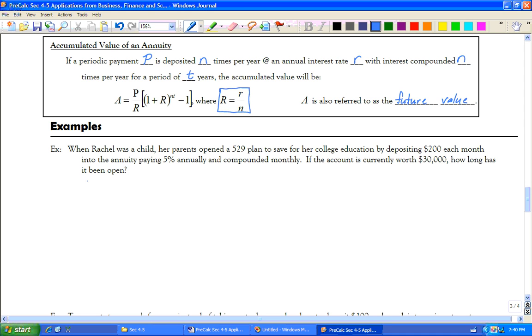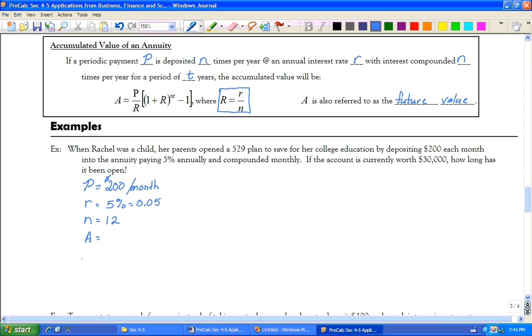Well, let's take a look at what we have. So we have our periodic payment of $200 per month. We have our interest rate at 5%, so that's 0.05. N is 12 compounds because we're compounding monthly.